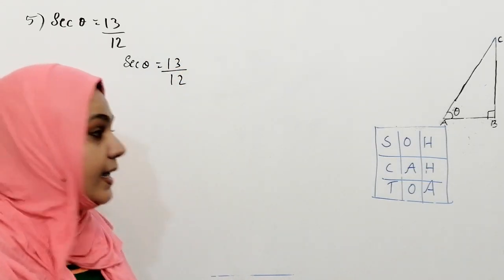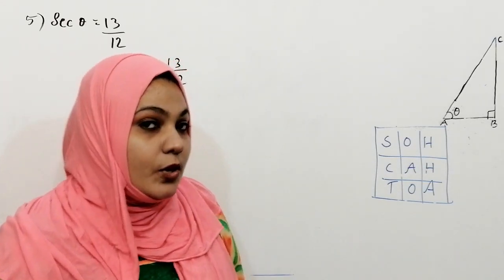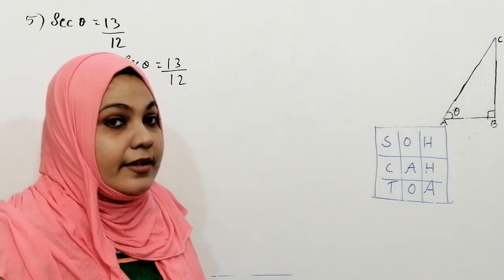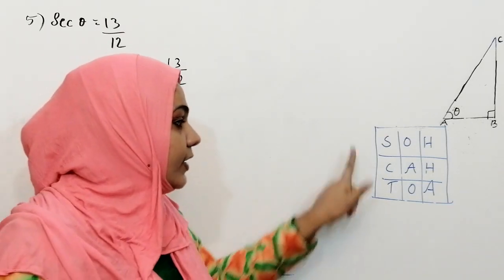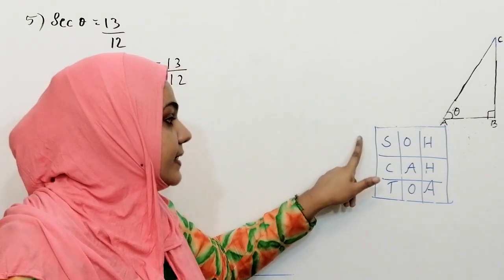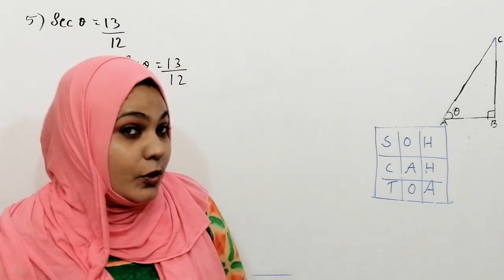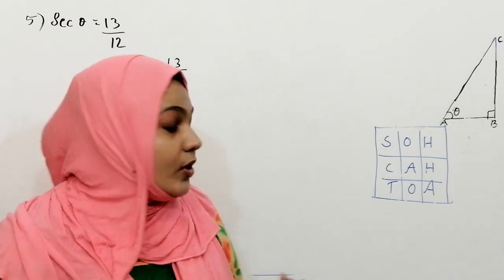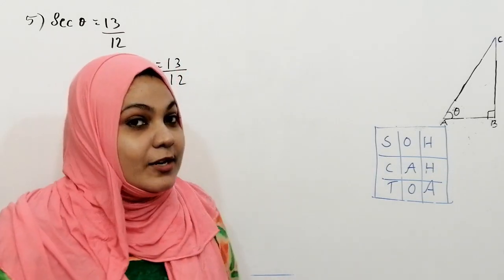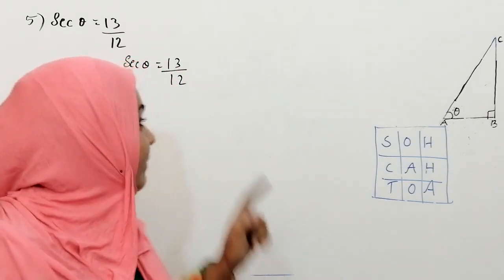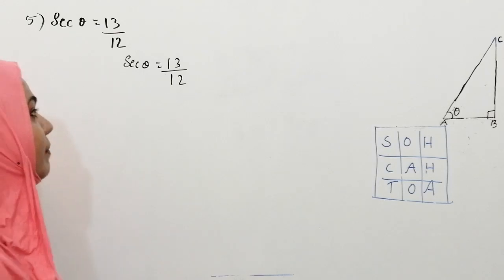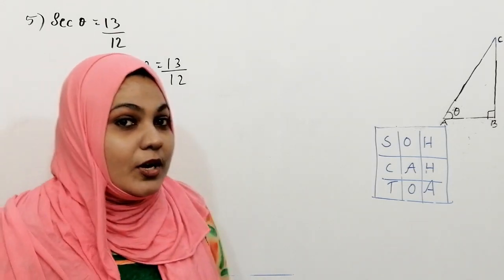So I am using here the SOHCAHTOA trick. You know that in this trick we can see only 3 trigonometric ratios, that are sine, cos and tan. But you know that cosec, sec and cot are the reciprocals of sine, cos and tan. So let's see what is sec here, 13 by 12. So what is the reciprocal of sec?